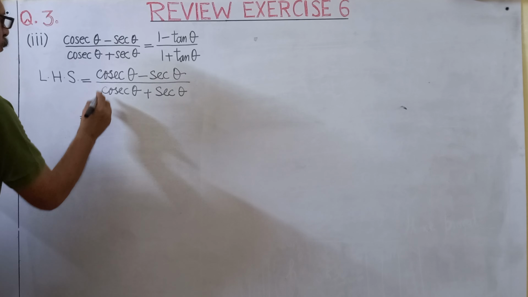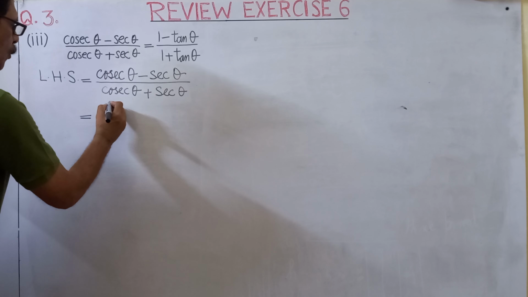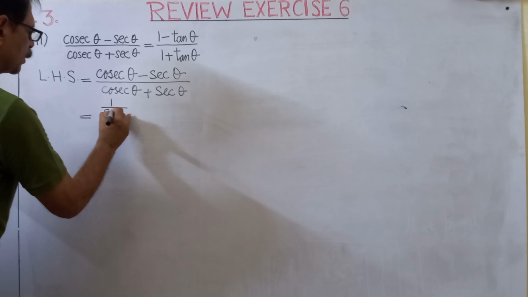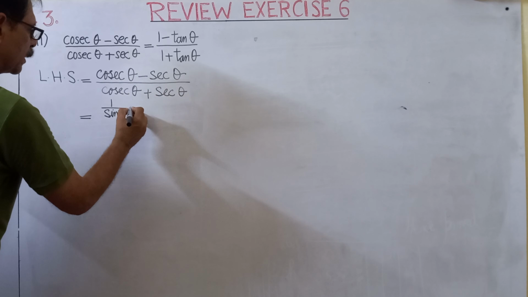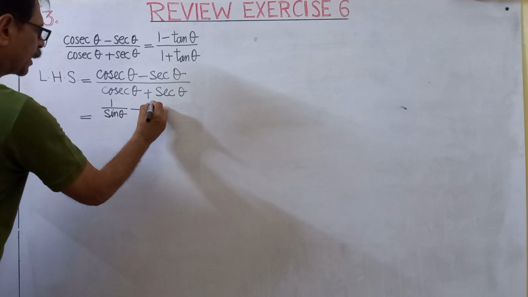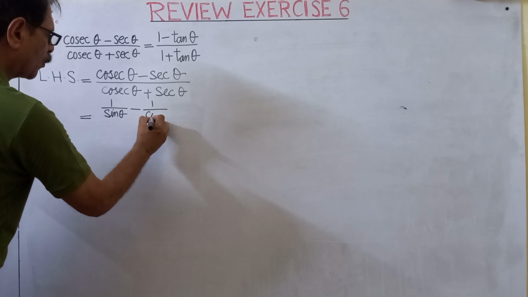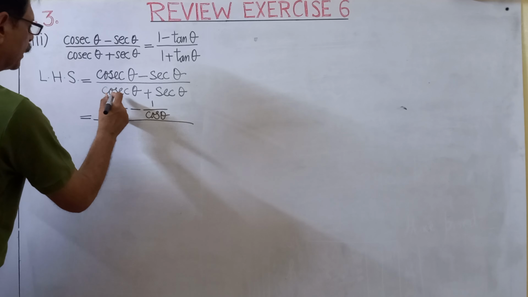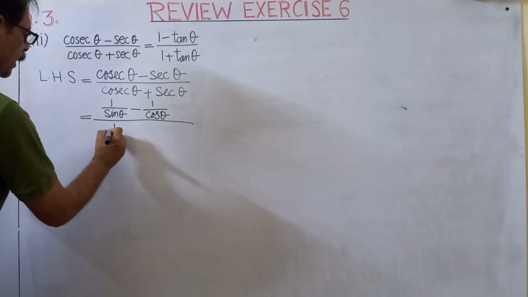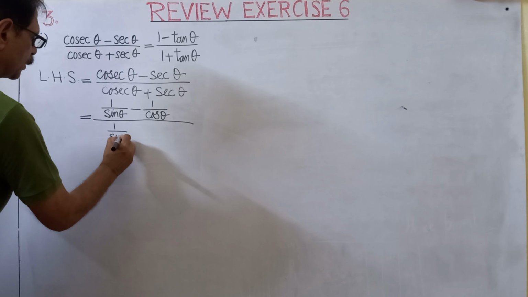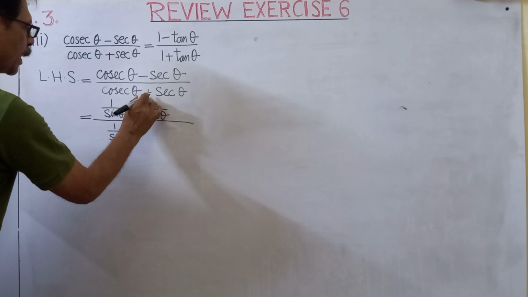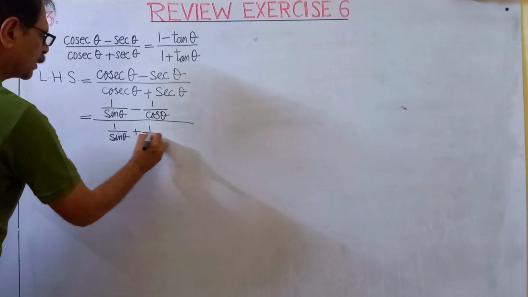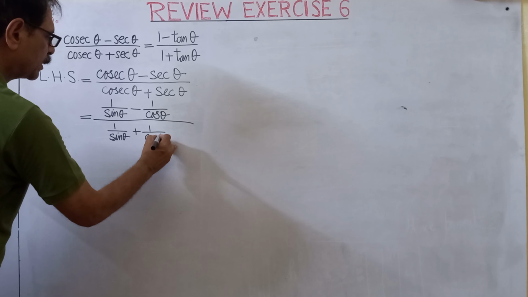This is further equal to cosecant theta, which can be written as 1 over sin theta, minus secant theta, which can be written as 1 over cosine theta, divided by cosecant theta, 1 over sin theta, plus secant theta, 1 over cosine theta.